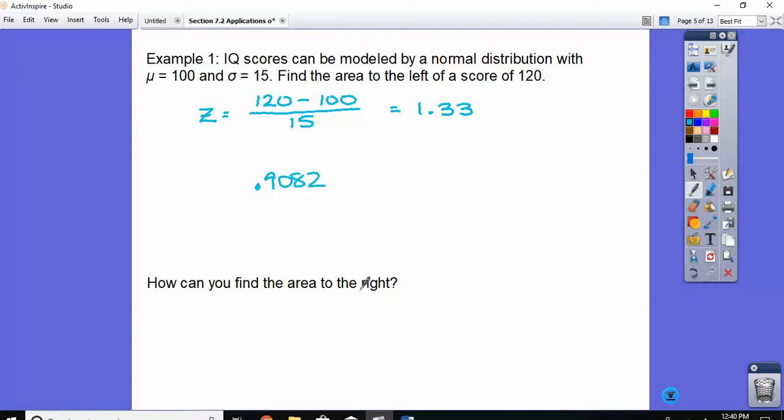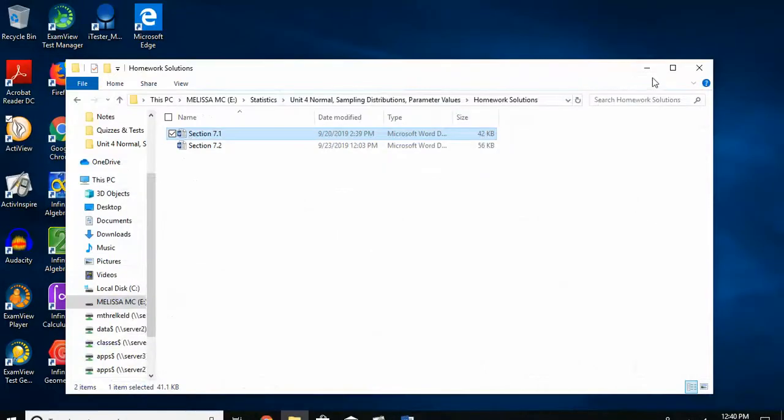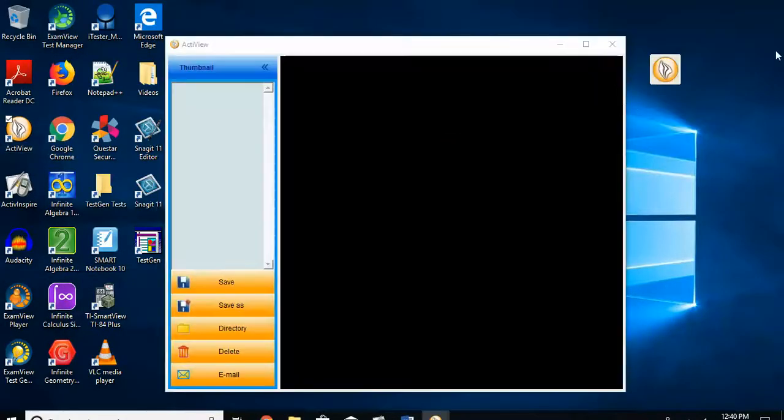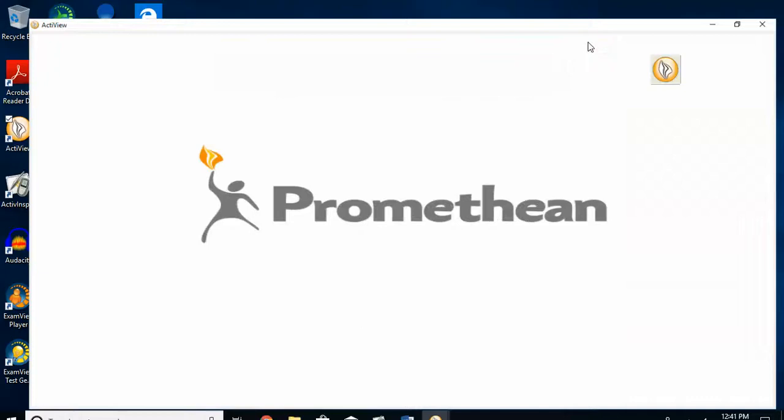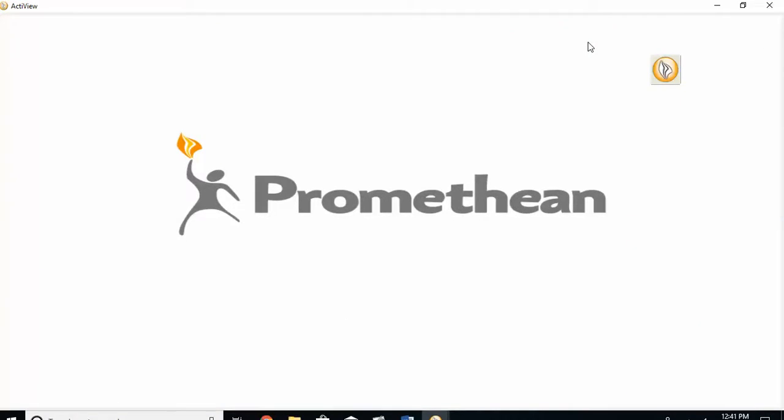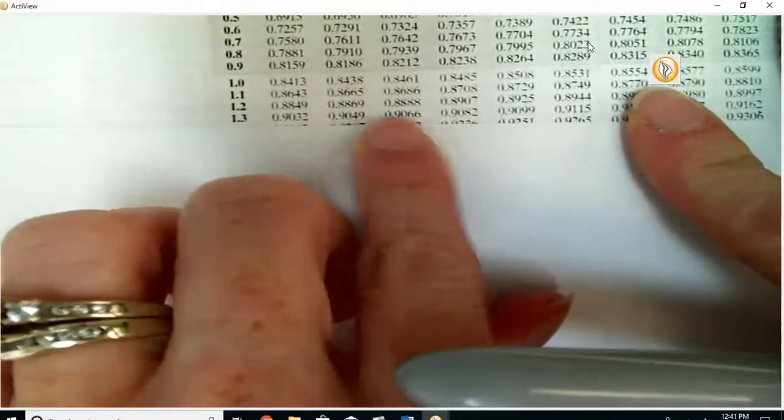Let's talk about this real quick and make sure we know how to read the table. Oh, I was in the negatives. Yeah, you have to watch your positives and negatives. So I'm going to 1.3, and then across the top, you have the 0, 1, 2, 3.